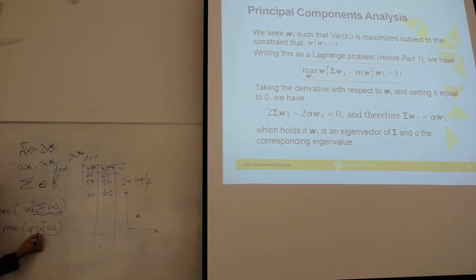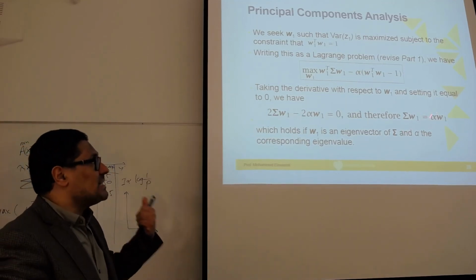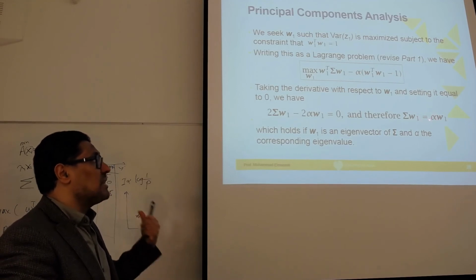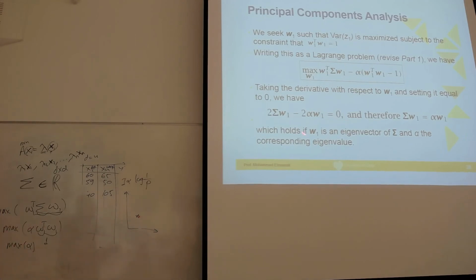But W1 transpose times W1 equals 1. Then we should maximize alpha. It means that we should select the eigenvector associated with the maximum eigenvalue. Because for any matrix, in this case d by d, we have d eigenvalues. We select the eigenvector associated with the maximum eigenvalue.